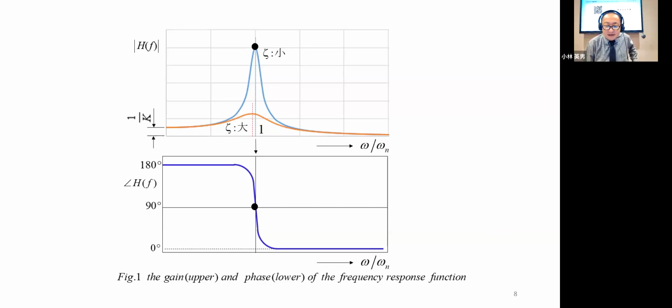So in that case, this theory is used. In case of nonlinear vibration, we can apply this theory, okay? But here, I just talked about the theory for linear cases, linear vibration cases.